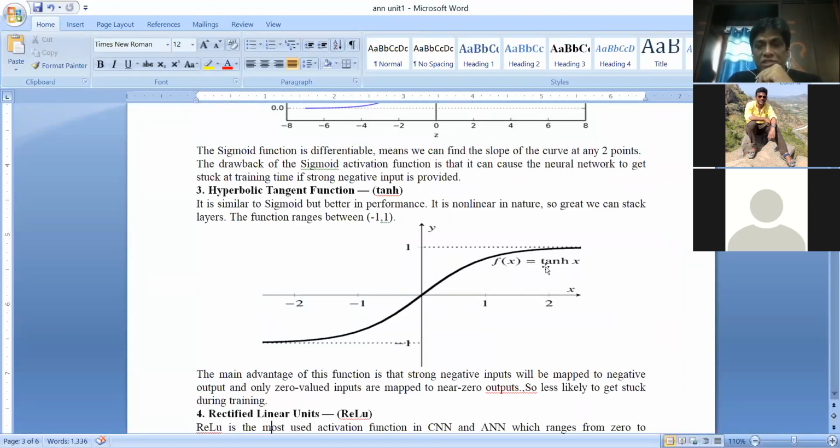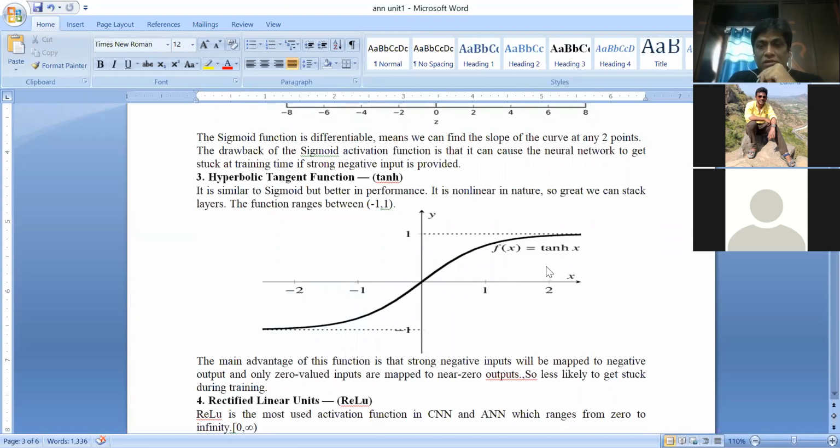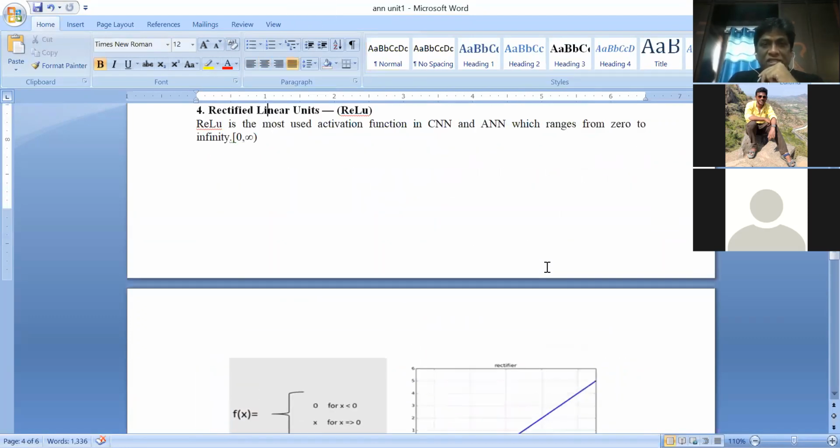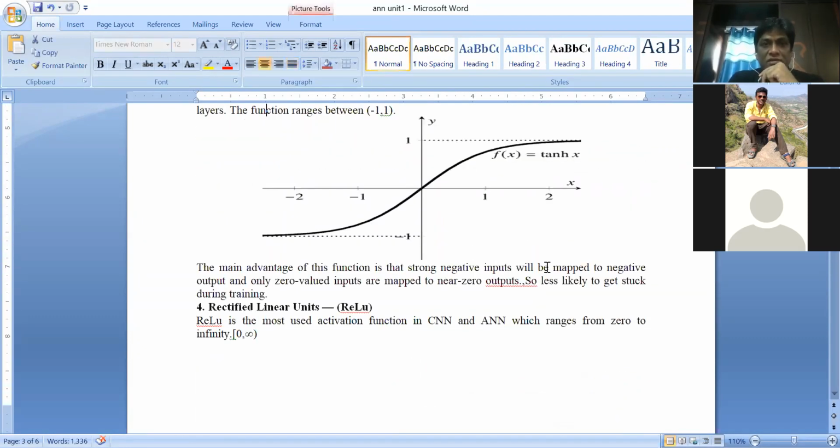So f of x is equal to the hyperbolic tangent of x. That is the formula applied there. It is also a shape similar to your S, but not exactly the same as the sigmoid function. And then rectified linear units, ReLU, is specifically used in convolutional neural networks, the advanced deep learning architectures.